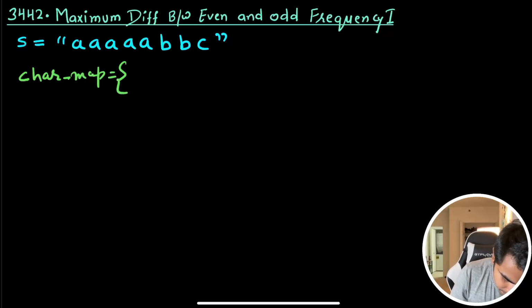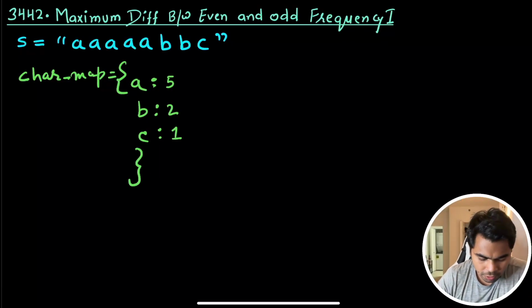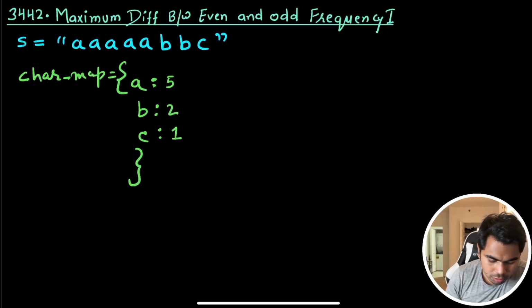It will be A, B, and C, but in this case it's just these three letters. So let's work with this example and count these characters. C is 1, B is 2, and A is 5. So now we have the map with all the counts of these different characters.